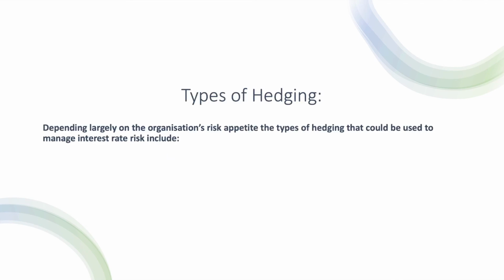Now I will be explaining a little bit out of the topic, but these are the types of hedging. Types of hedging depend largely on the organization's risk appetite. The types of hedging that could be used to manage interest rate risk include, first, no hedging. Don't do hedging.